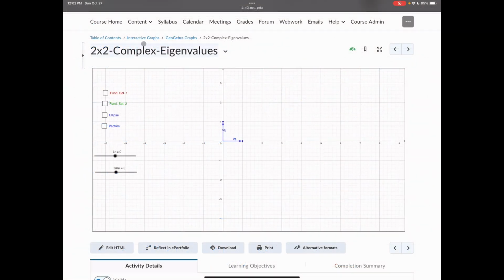Here we are in the interactive graph in our class webpage. You go to interactive graphs, then GeoGebra graph, and the 2x2 complex eigenvalues option. And you're going to have this picture where this vector here is the vector that we call A, the real part of the eigenvector V+.